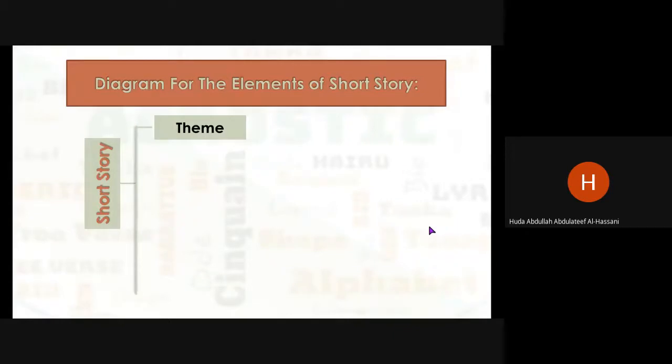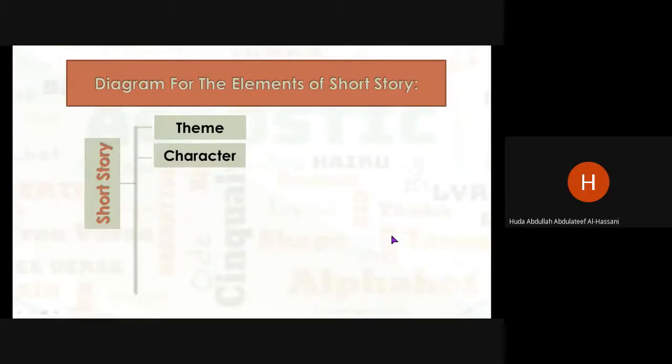As you notice now, I said major idea, not ideas, because here I have a short story, so it should concentrate on one single event, one single idea. So it is the main idea in the story.